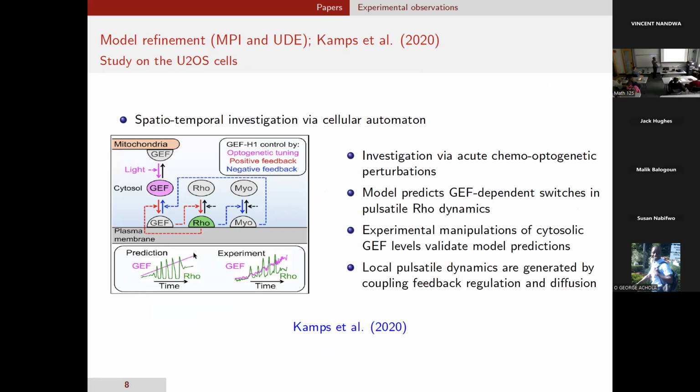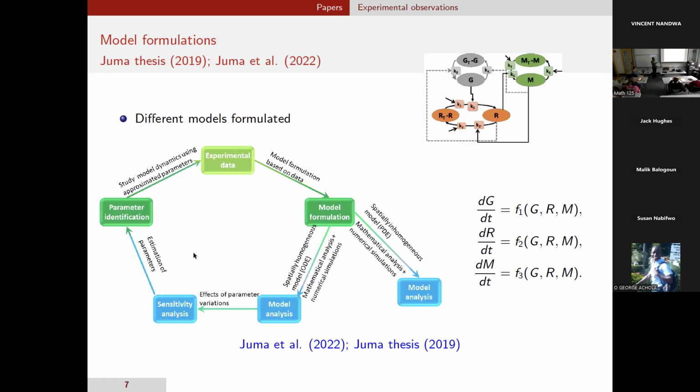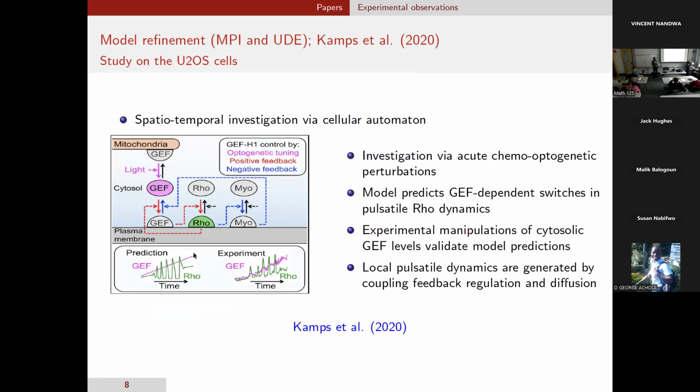One of the models presented here is also presented in this work, but in the general format, where we include all the processes, including the background activities. In the experiment, since they were not able to measure the background activities of either Rho or myosin, those were neglected. That model was compared through analysis and experiments, and these are the results. This is just a graphical abstract of the article.